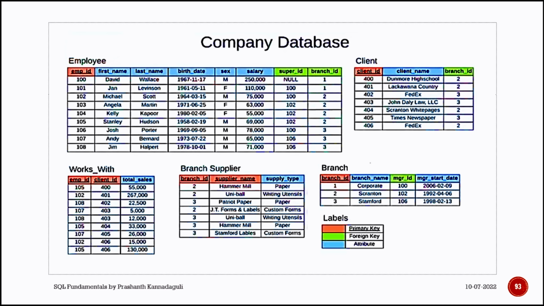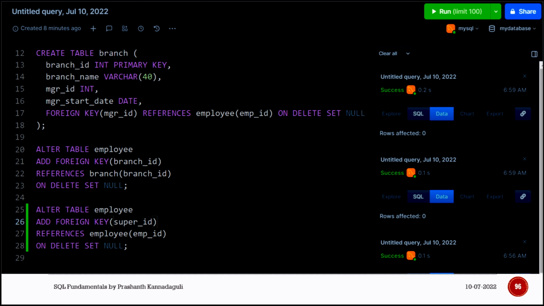It says who is a superior. I know that for this person, 100 is a superior. Who is 100? It's actually this person. So the employee ID being 100 is the supervisor, maybe. That's how it is identified. It relates to itself, so that's the reason why we are saying it like this.